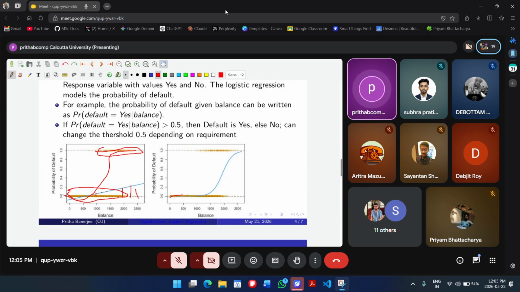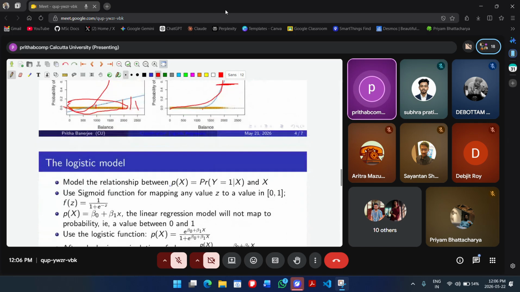So whatever probability values you get, beyond a certain point, this point of 0.5, I will put them as class 0 below it, and whatever is greater than 0.5, I will put as class 1. So this is the probability space where I'm going to get my values.